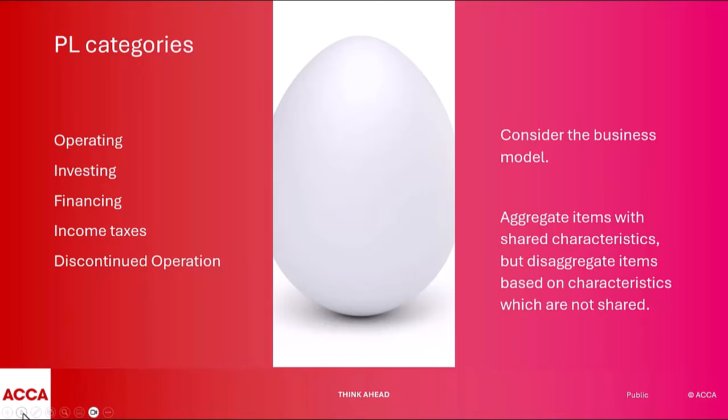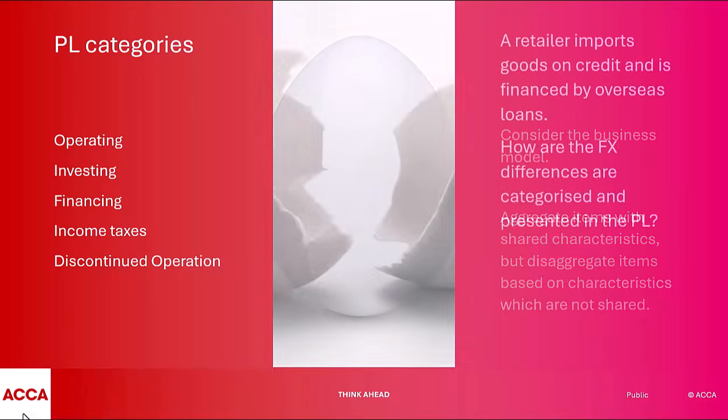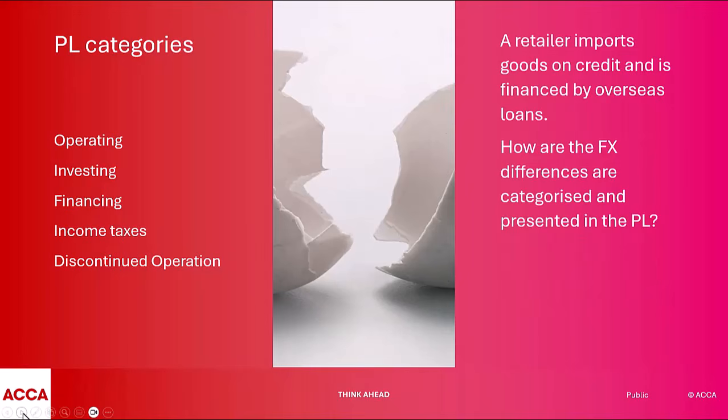So you'd have that in cost of sales. And it's fundamentally different from the impairment loss on goodwill, for example. Fundamentally different from day-to-day administration expenses. So you would disaggregate your operating expenses into separate lines so they made sense. All right, and I'll show you an example of that in a moment.